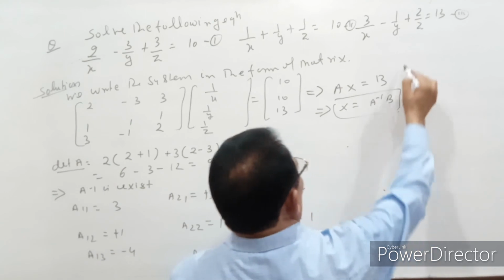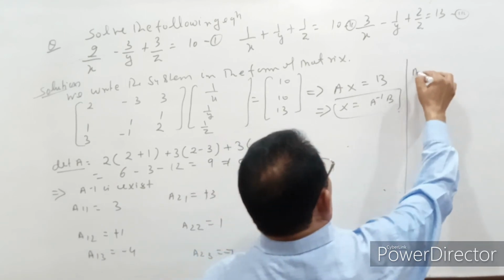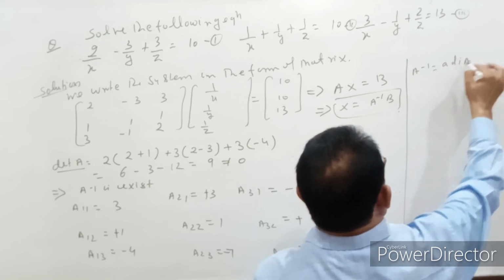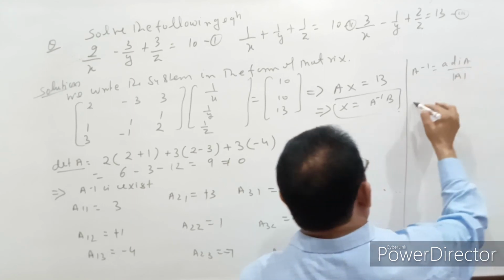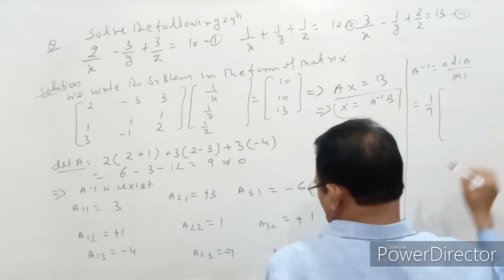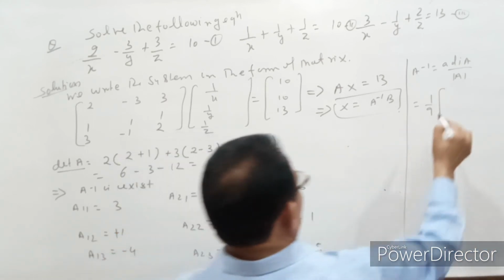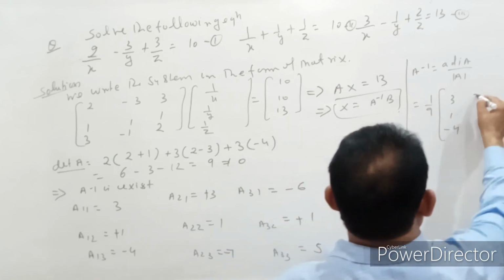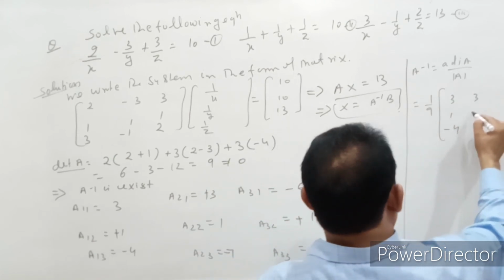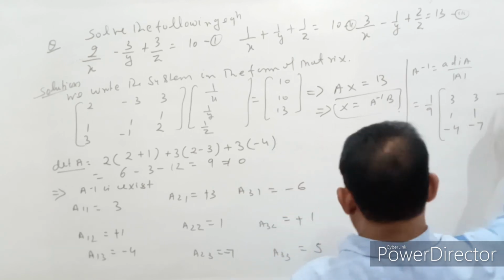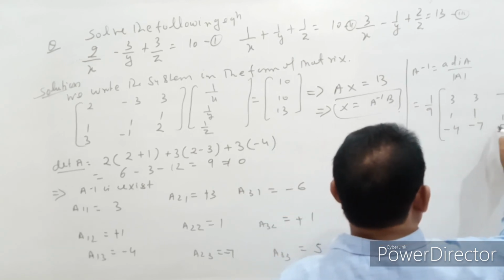So therefore we get A inverse is equal to adjoint of A upon determinant of A, which is equal to 1/9 of 3 1, -4 3 1, that is -7, -6 1 and 5.